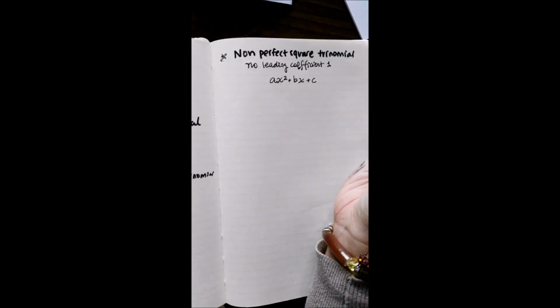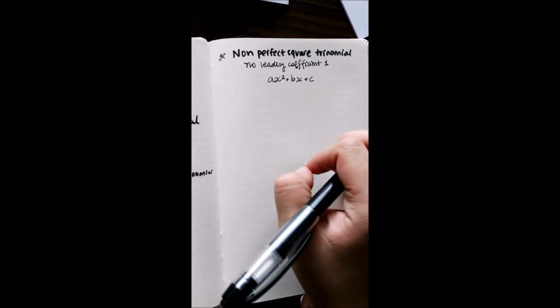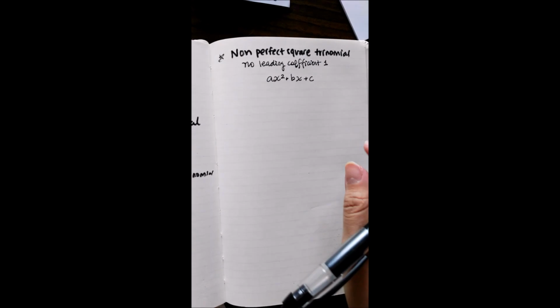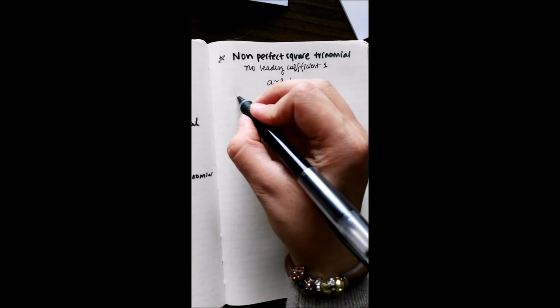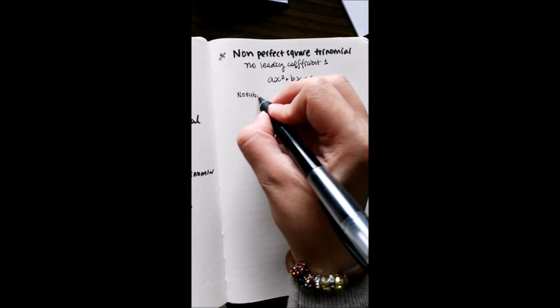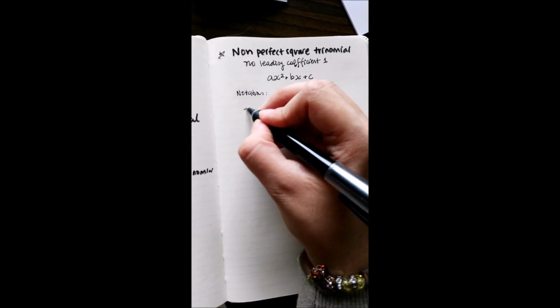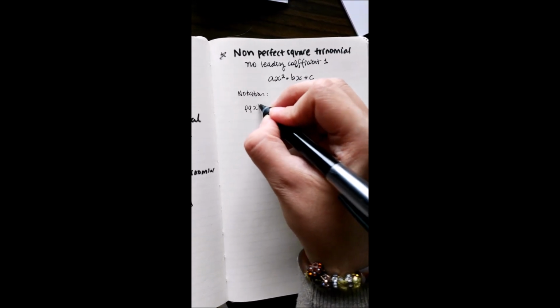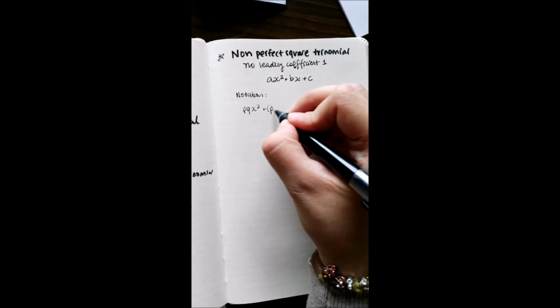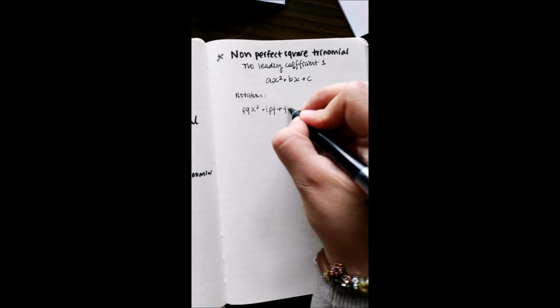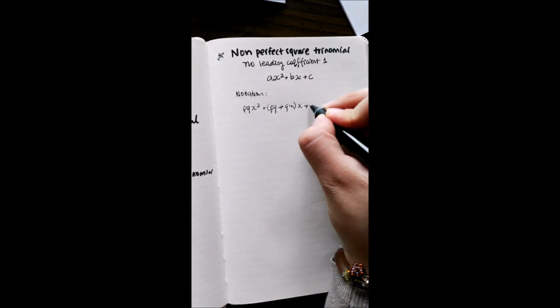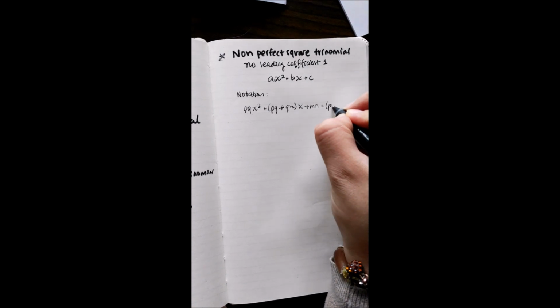As you see, it's very similar to the one before, but having a number a as the leading coefficient. The formal notation, I'll leave it here for you, would be pq x squared, and then the sum of these other terms, plus mn.